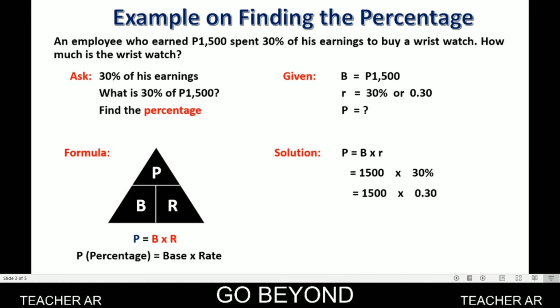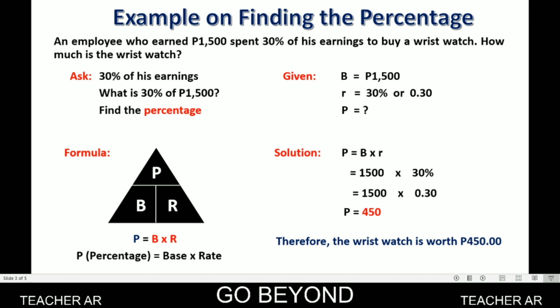So multiply 1,500 times 0.30, the result is 450. In other words, our percentage is 450. So, final answer. Therefore, the wristwatch is worth 450 pesos.